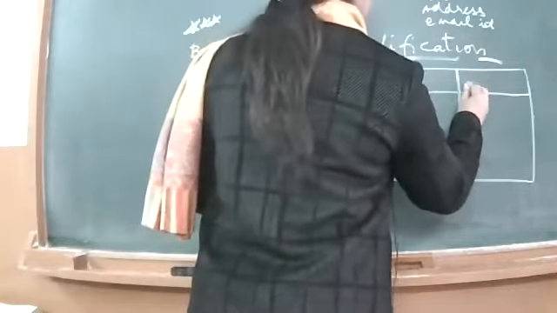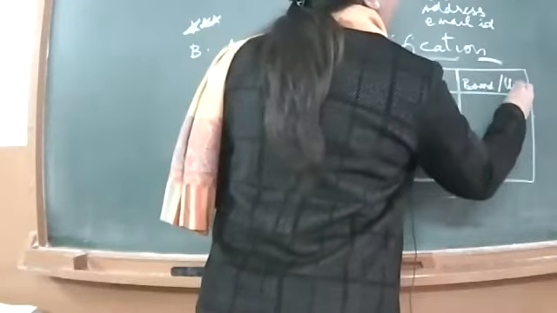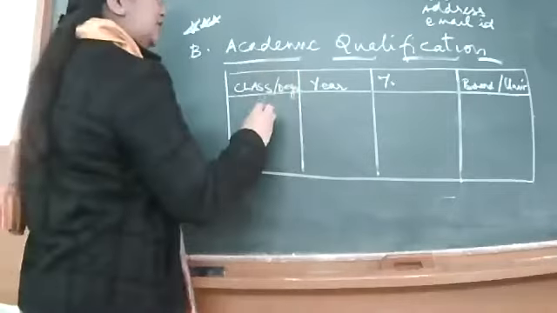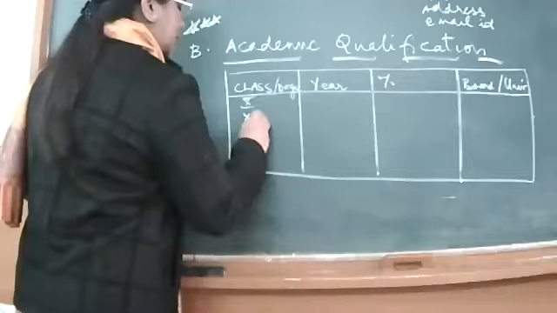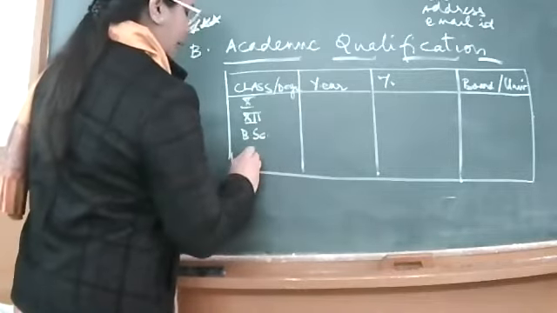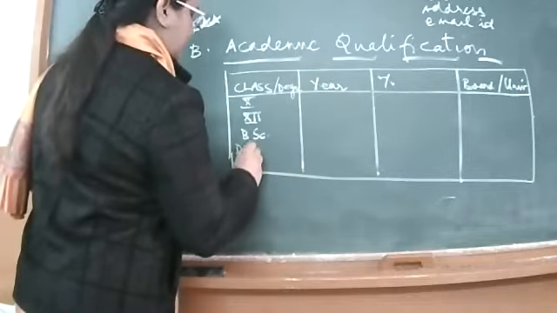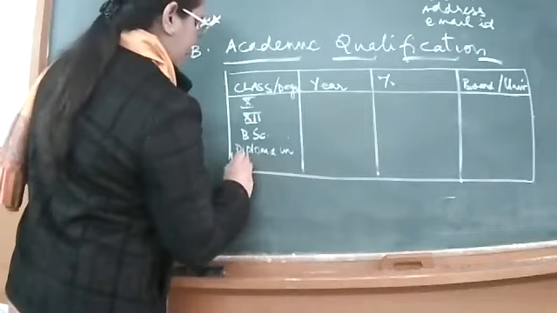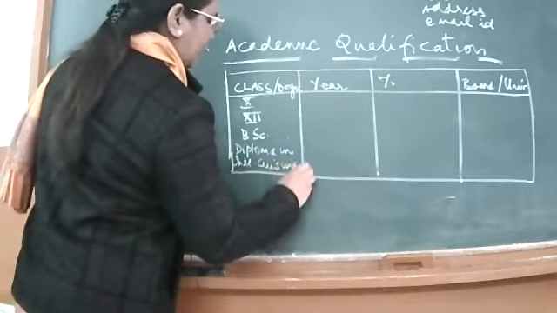It can be your board or university. Okay, so we can start with class 10th, 12th, then your BSc, and then we can also talk about, say, a diploma in international cuisine, anything here.